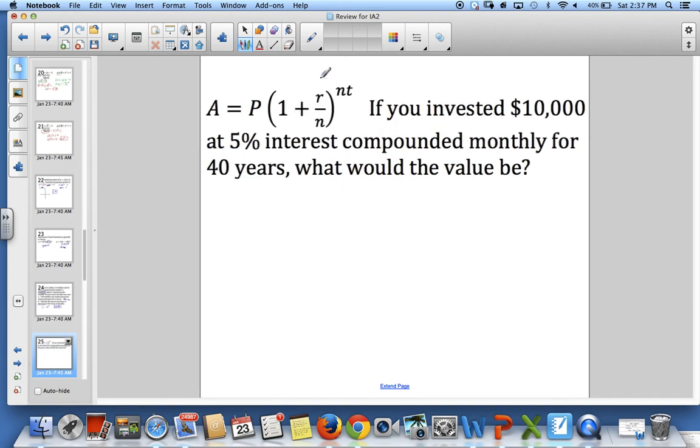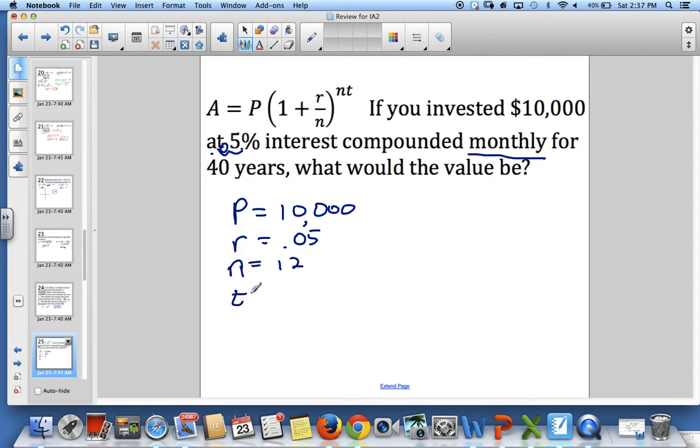For this problem, we're going to use this formula, and P stands for the principal, which is $10,000. R is the interest rate, which is 5%, but I have to write that as a decimal, 0.05. Move the decimal 2 places, 1, 2. I need a 0. And then compounded monthly means 12 times a year, so n equals 12.